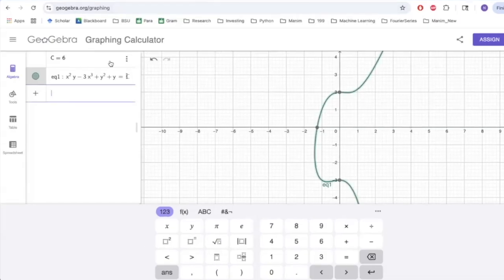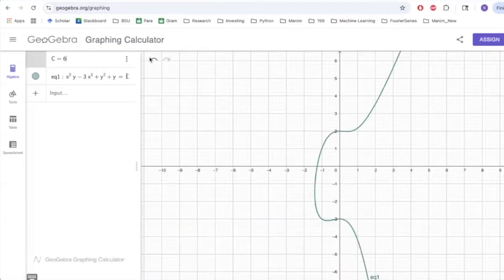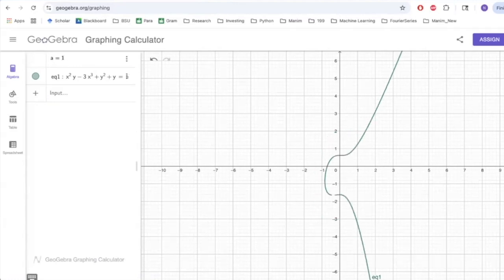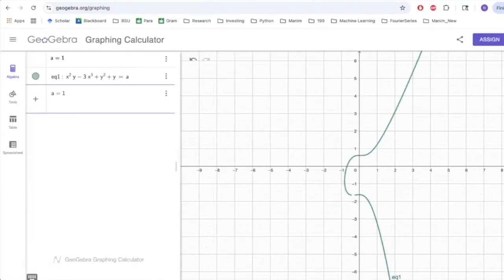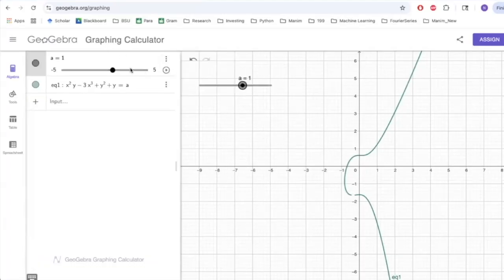In case you have not only this particular solution but just the general solution, you can animate this type of curve to visualize the solutions better. So let me see if I can animate this. I was able to animate it yesterday, but okay.